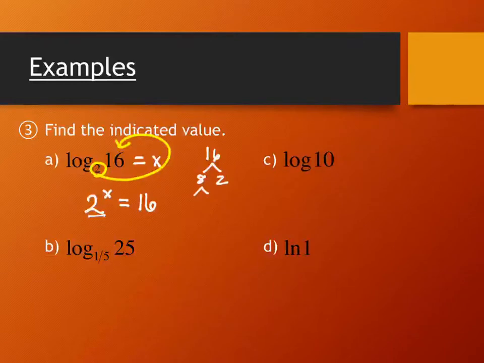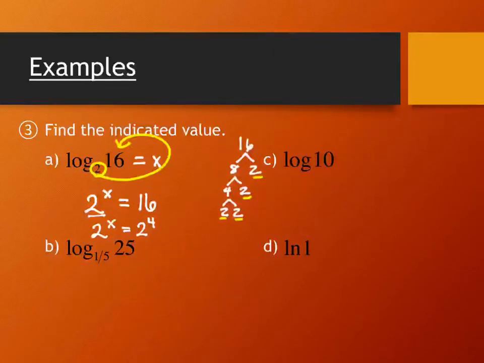And 8 is 4 and 2. And then 4 is 2 and 2. There's 4 2's, right? 1, 2, 3, 4. So if I were to rewrite this, I could write this as 2 to the x equals 2 to the 4th. And we're kind of back where we were in section 4.1. And then what I would know is that my x equals 4. If the bases match, the exponents have to match.